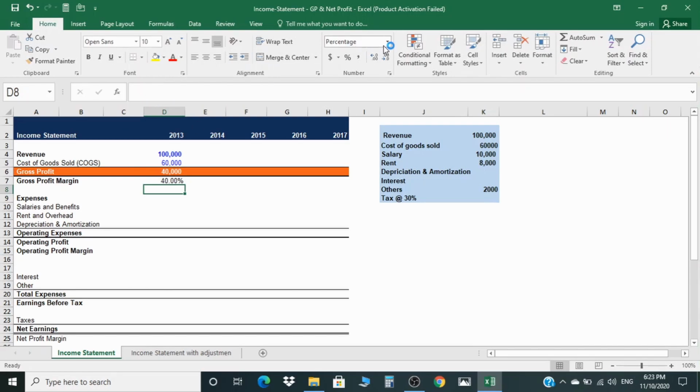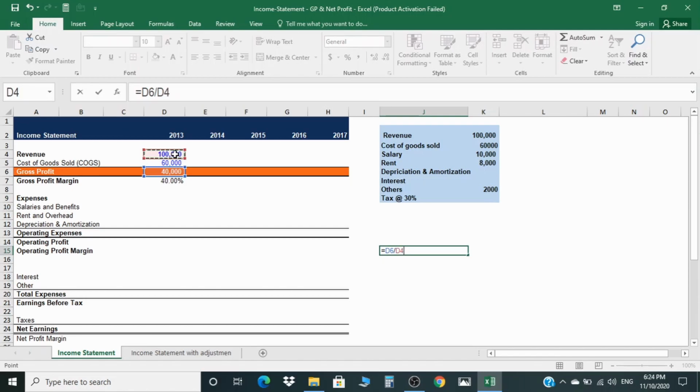Because it's a percentage. If it's not a percentage, you have to multiply by 100, but it's already percentage data, so you don't need to multiply by 100. Like I can show you here. If we try 40 divided by 100, so that's 40, right?